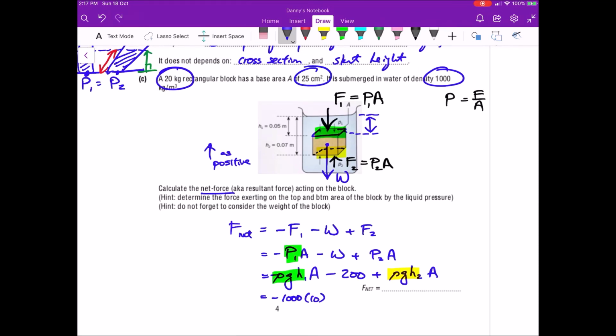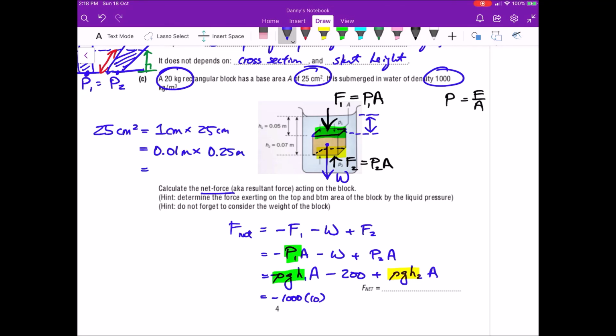A is 25 cm squared, so I have to change it. 25 cm squared is 1 cm times 25 cm. Sorry, my cm squared conversion, I need to do it step by step. 1 cm is 0.01 meter, and 25 cm is 0.25 meter.